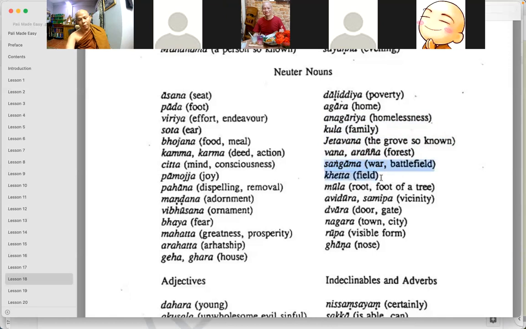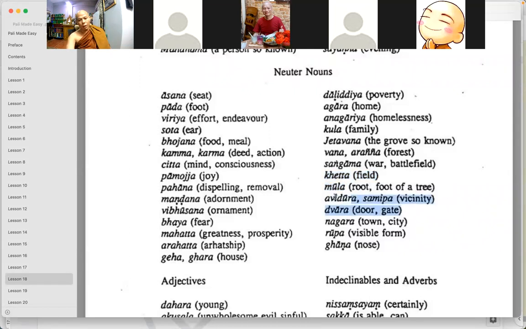And khetta, field, and mūla means root or the foot of a tree. So rukkhamūle, under, at the foot of a tree in this way. Later we'll see.